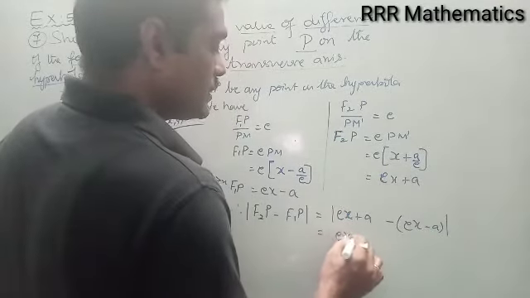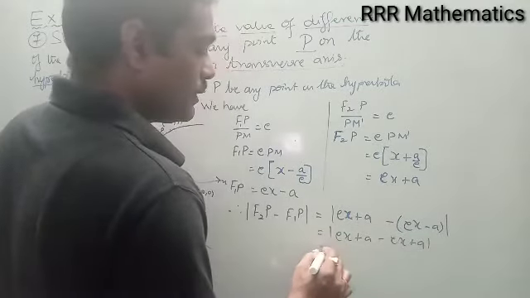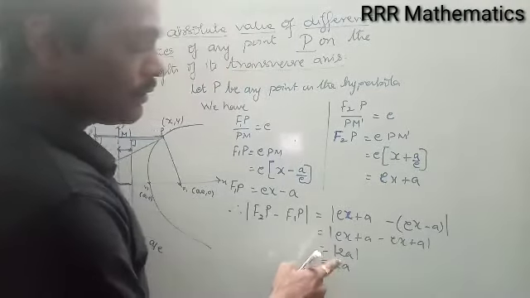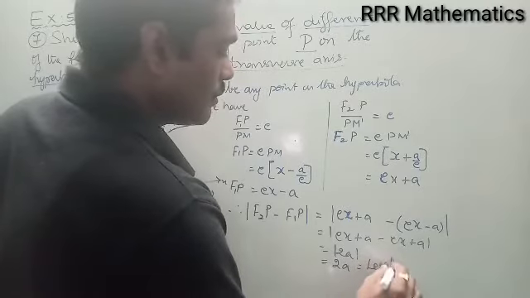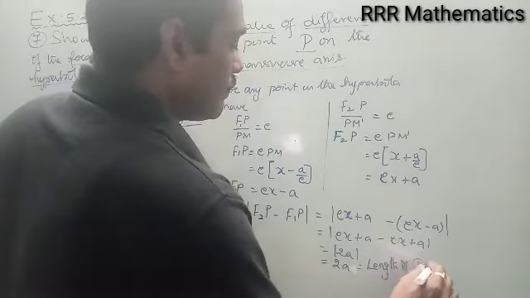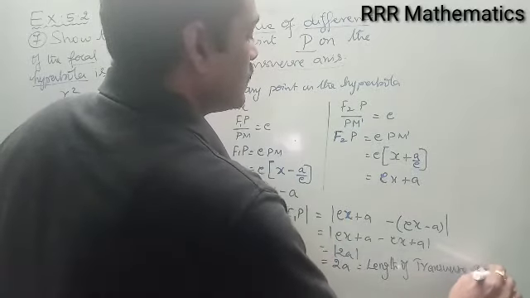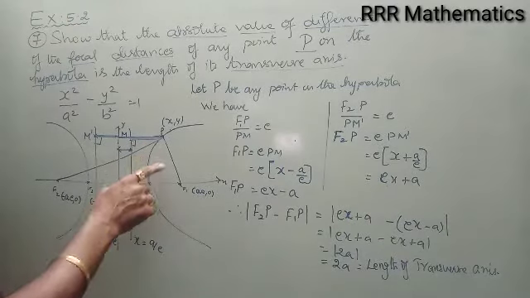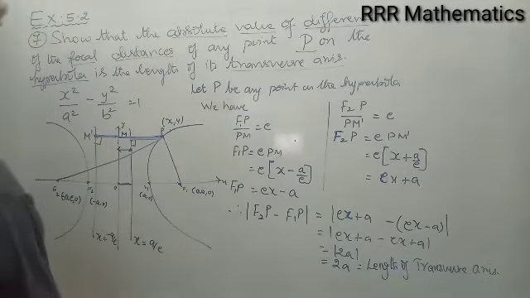It gives ex plus a minus ex plus a, which gives 2a. Since a is positive, this is equal to the length of the transverse axis. Very simple. Find F1P and F2P, find the difference. It gives 2a in this case, which is the length of the transverse axis.